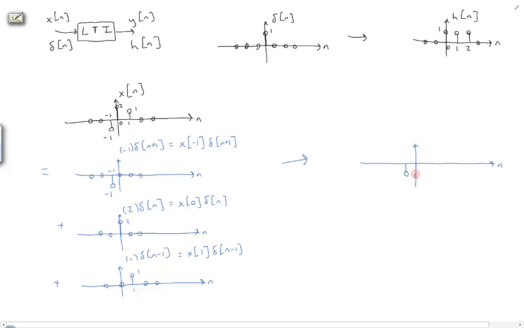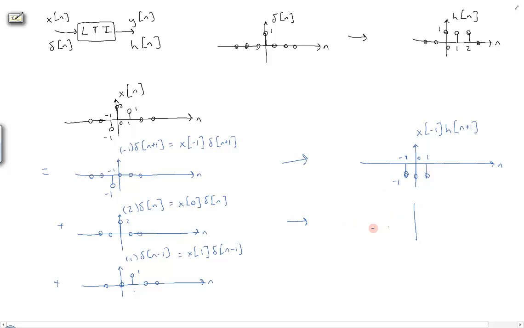It looks like this: all of these are at amplitude -1, at samples -1, 0, and 1. It has the same scaling and the same shift as the delta, so it's x of -1 times h of n plus 1. That's what this signal is, using the h from up here.